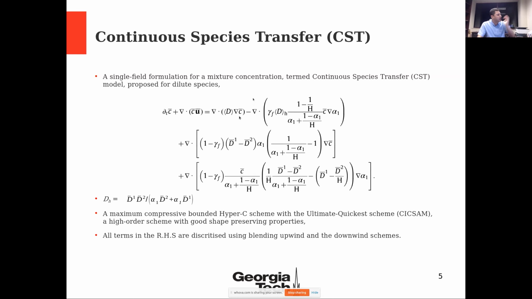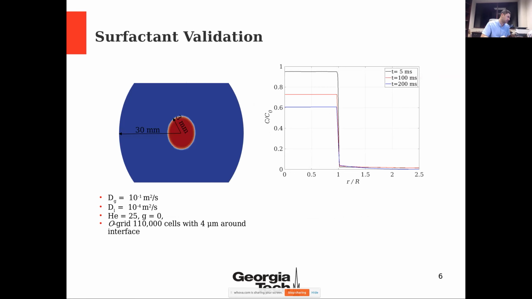Later on, another model was proposed, and they mentioned that the downwind scheme should be maximized to get a better result. The point for all of this is that this model keeps the concentration of surfactant inside the bubble uniform. Later on, other models give another way of concentration prediction.